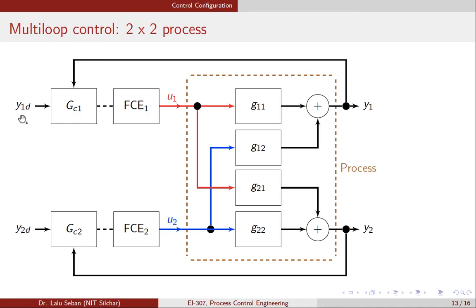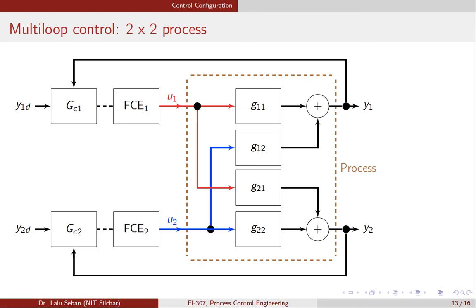The desired value for y1 is given to controller 1 and the desired value for y2 is given to controller 2. So we have decomposed the multi input multi output process into two single input single output control strategies or controllers.